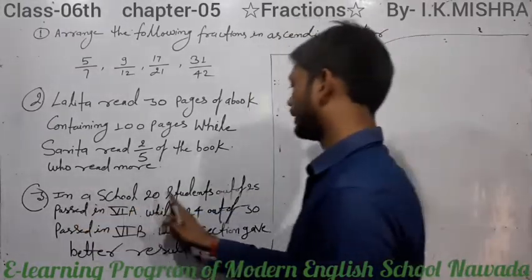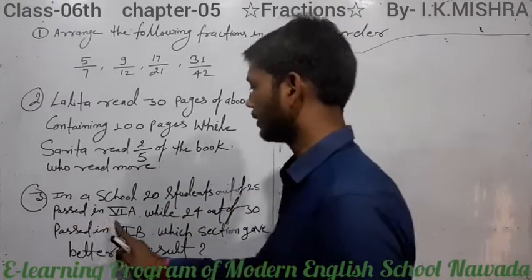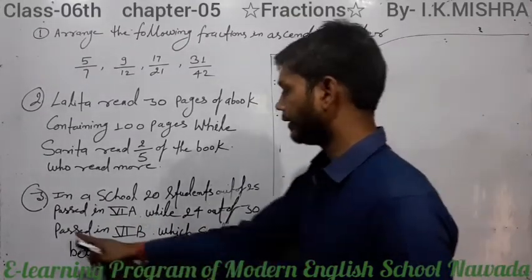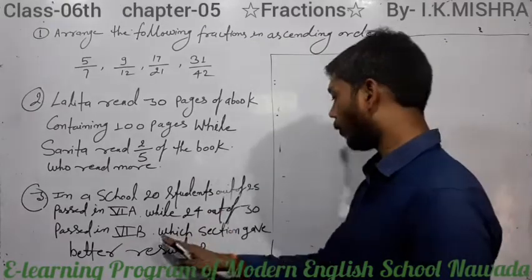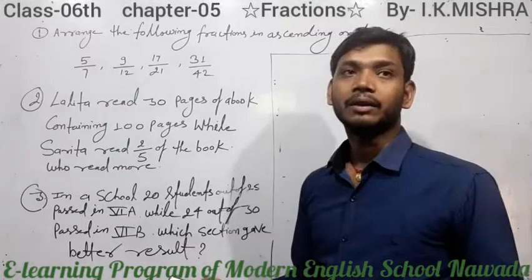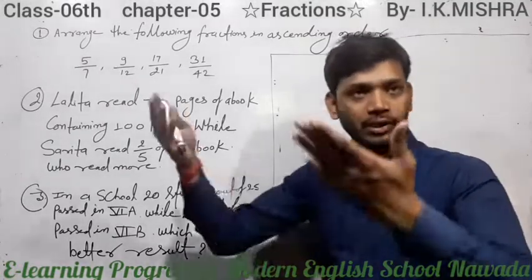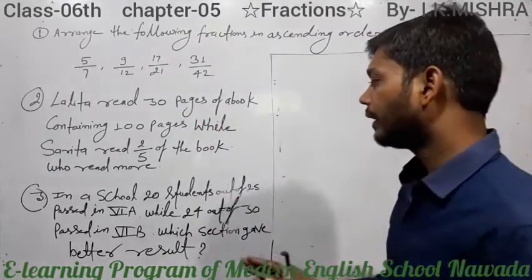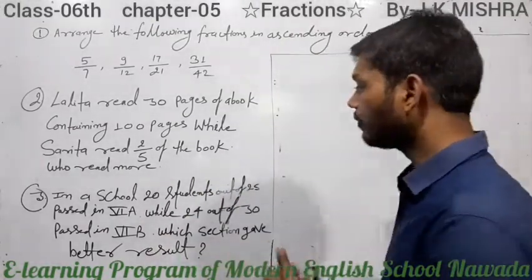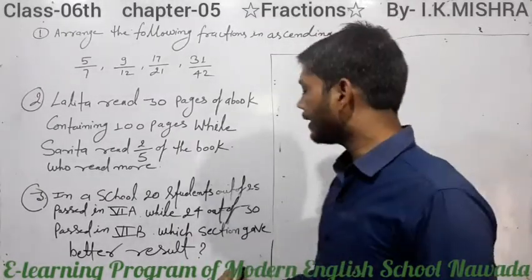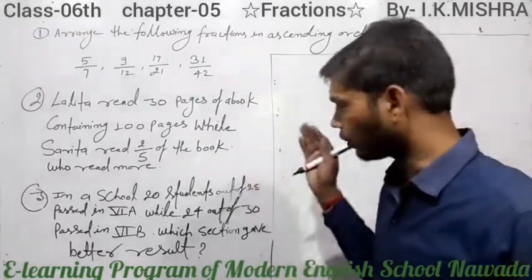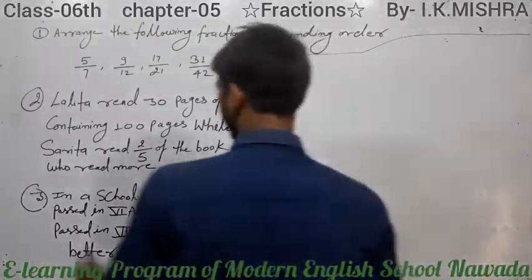You know, better result means which more students passed. So first of all find the fraction of passed students of both classes, and after that compare which fraction is greater. So now solve it.